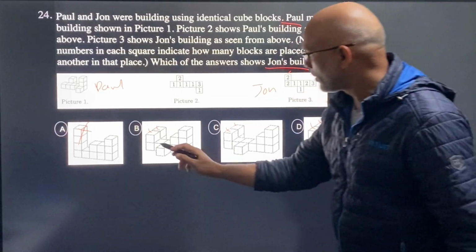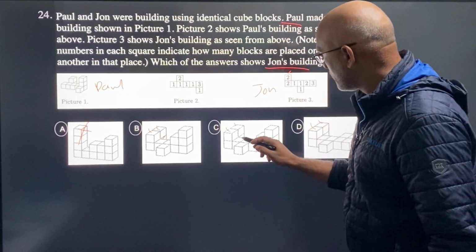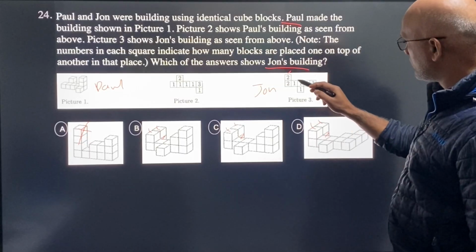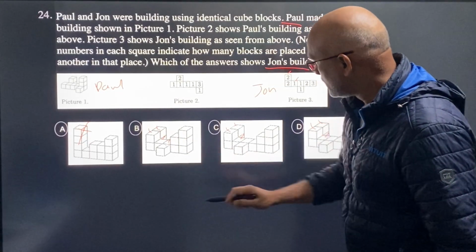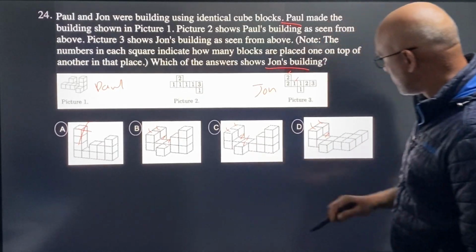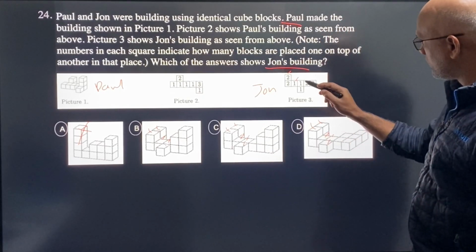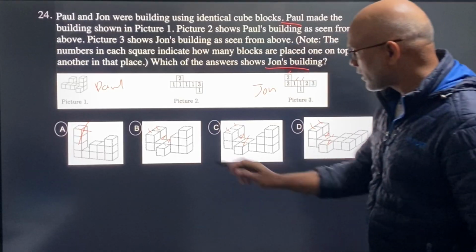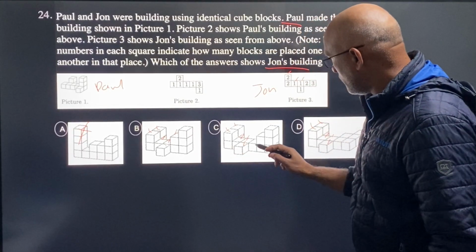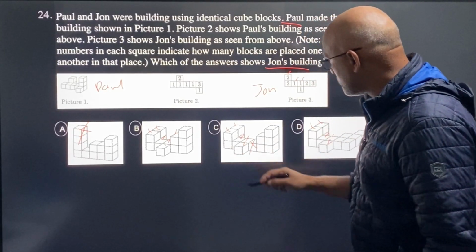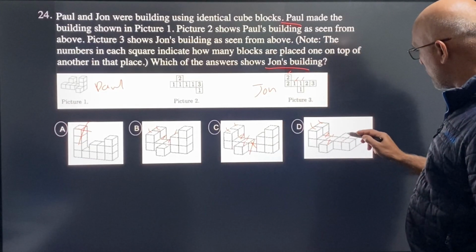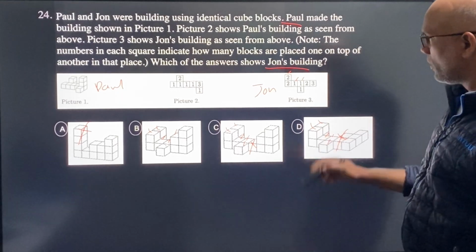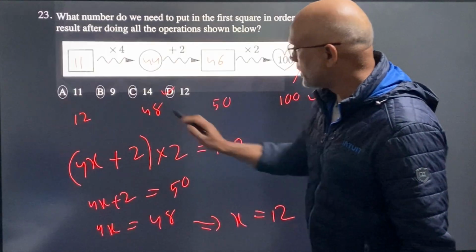Then we need 1, 1, this checks. 1 and 1, this is good. 1, 1, this is good too. Then we need a stack of 2, this is good. So this has only 1, so this is not going to work. We need a stack of 2, this is 1, 1, again this is not going to work. So the only thing that is remaining is B, so B is the correct choice.